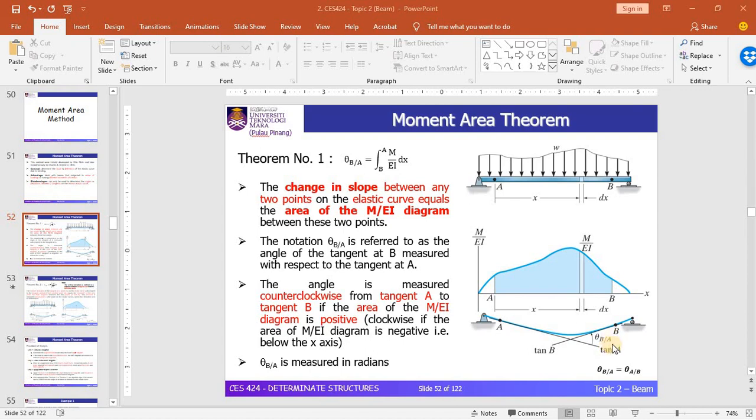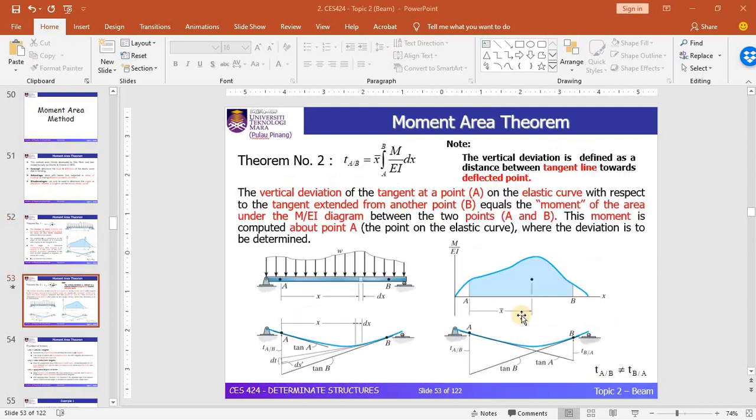One thing you need to take note of: theta BA is equal to theta AB. If you draw the curved line for the angle from B to A or A to B, the value is equal, based on this expression.